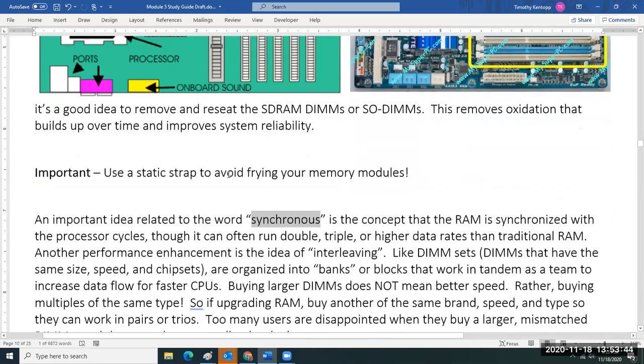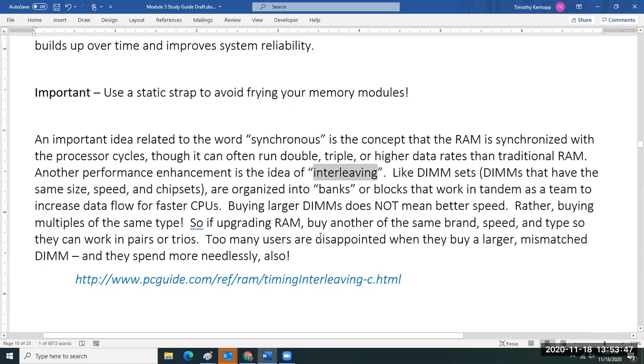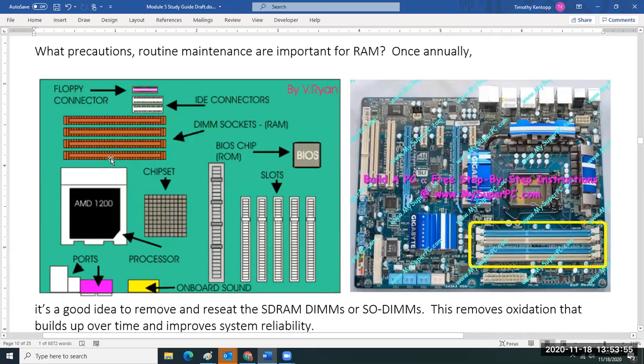That interleaving only happens when you use double and triple DIMMs or modules together. What am I saying? On this motherboard, we have 4 modules, so you're going to put them in doubles. So if you have a chance to increase the memory in your system and you want to upgrade it, you're better off buying 2 modules instead of just one if you only have one module. Because if you have DIMM sockets in even numbers, you have to pair them together in order to interleave.